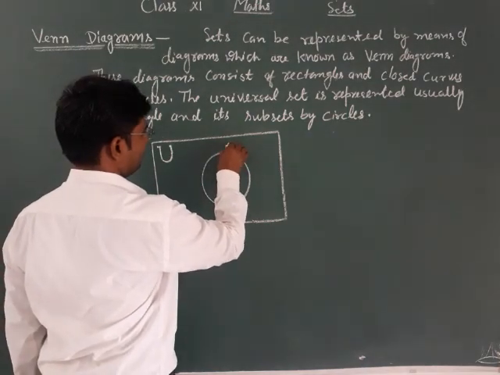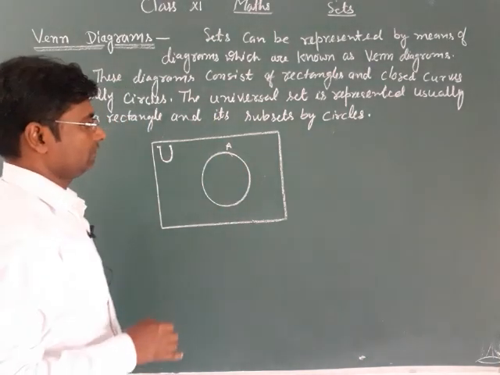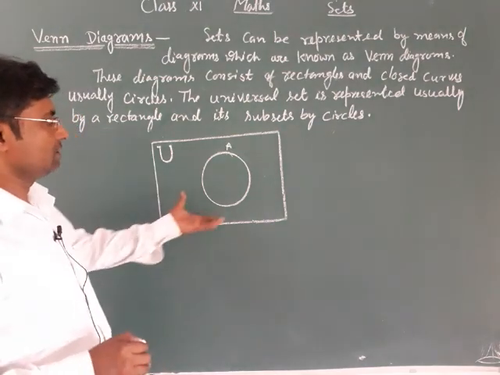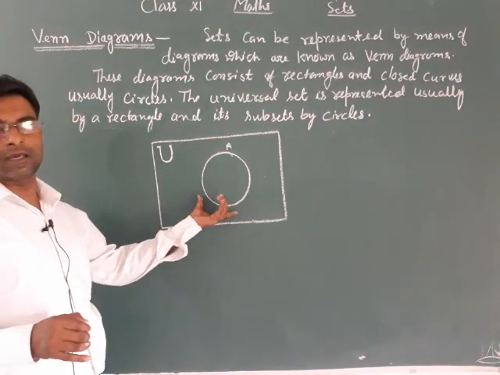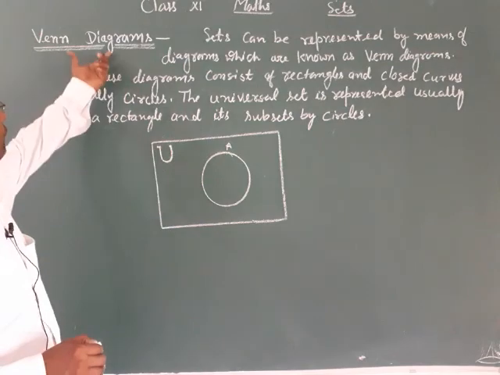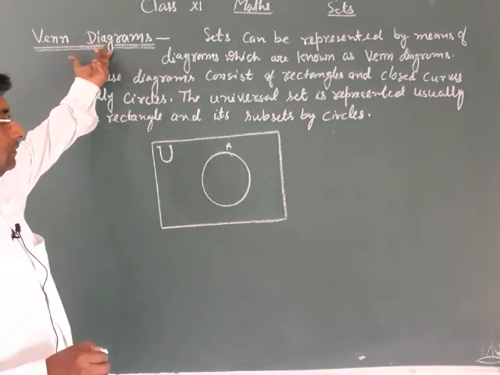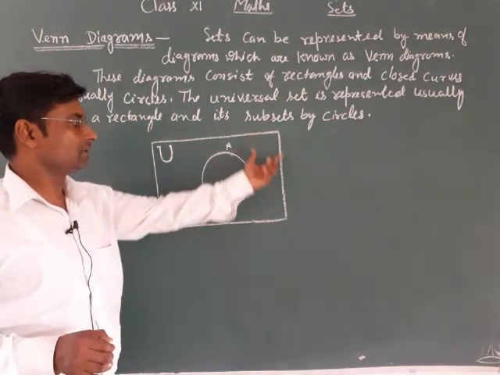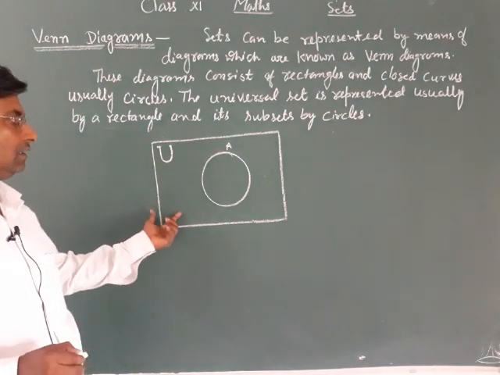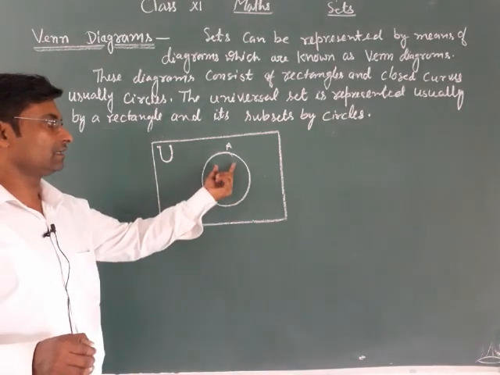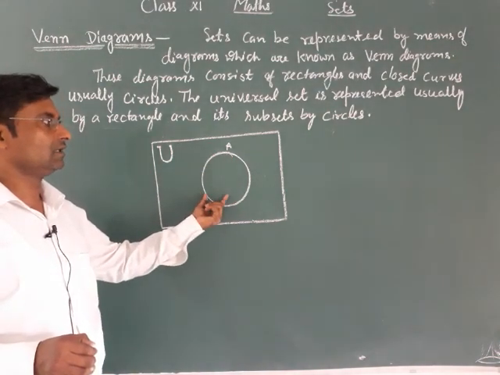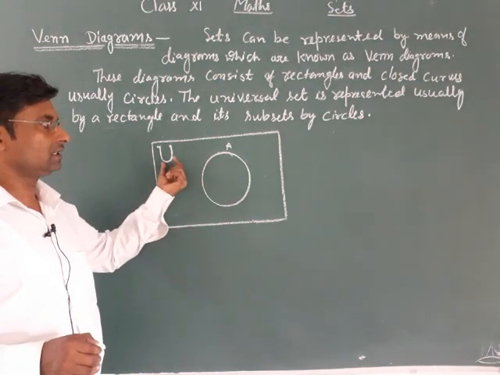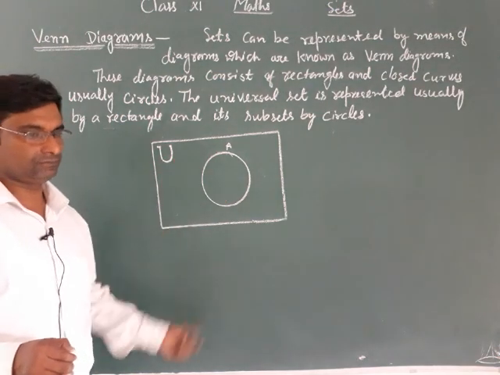Let the circle be set A. This diagram is called a Venn diagram: the rectangle represents the universal set and the closed curve, a circle, represents a subset of the universal set.